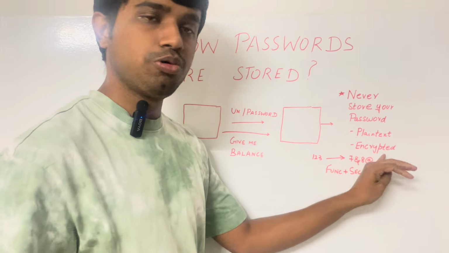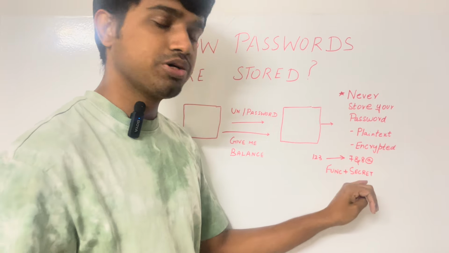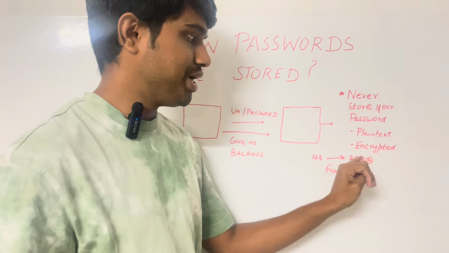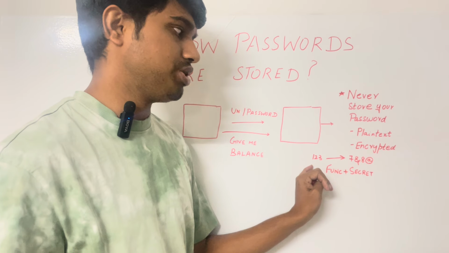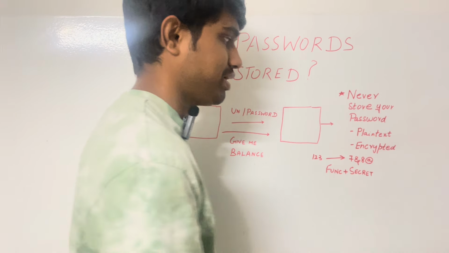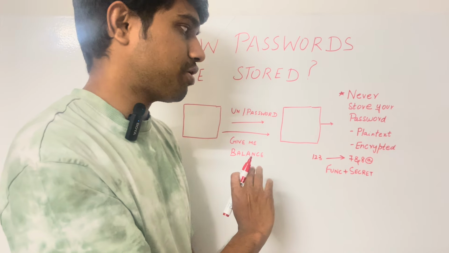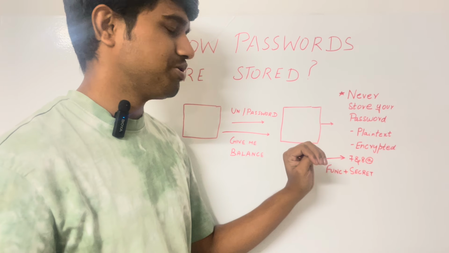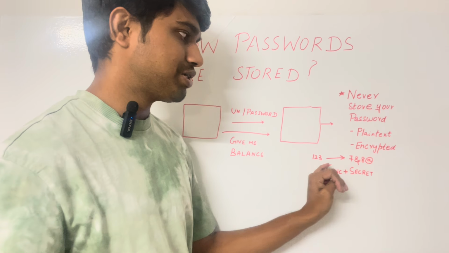But still we don't want to store it encrypted, because if the secret gets compromised as well, the attacker will be able to get 123 from this. So not even in plain text and not even encrypted, not in any readable form. They should not be able to get your password from this.